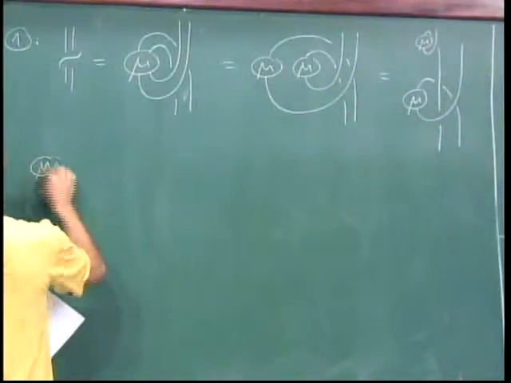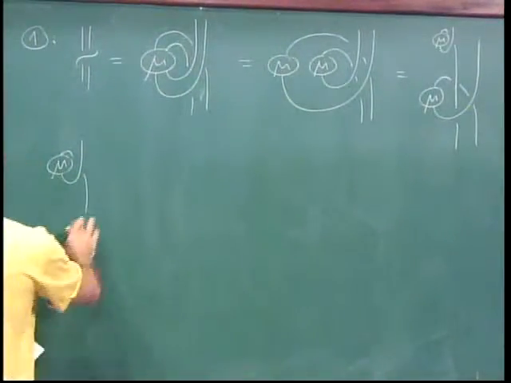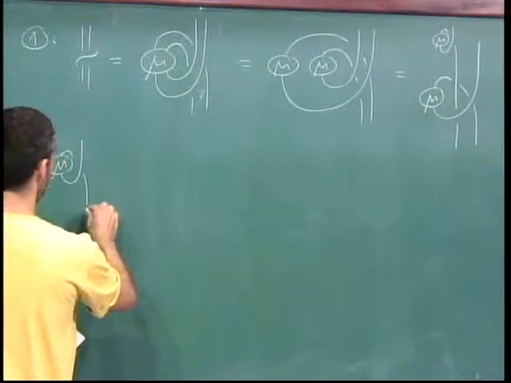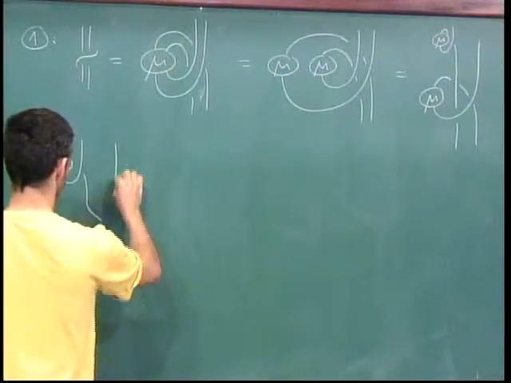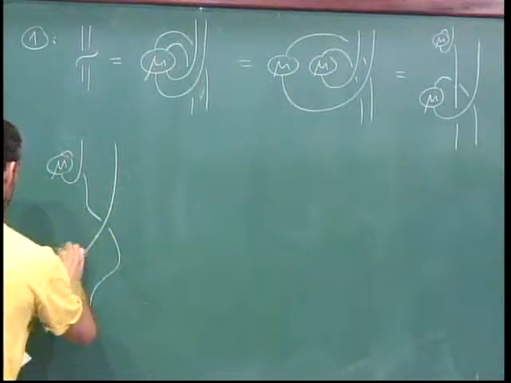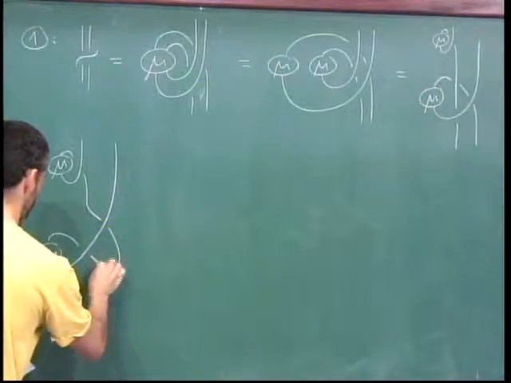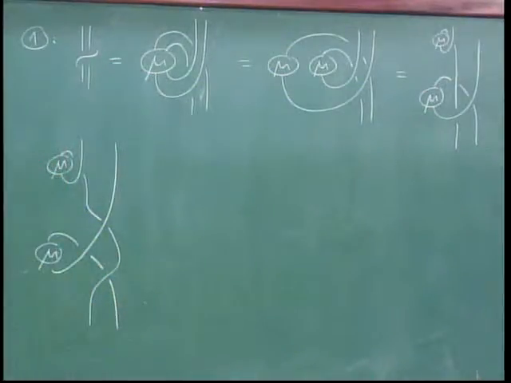I have mu here, that's the little loop, and I'm going to have this strand go on the other side of that.